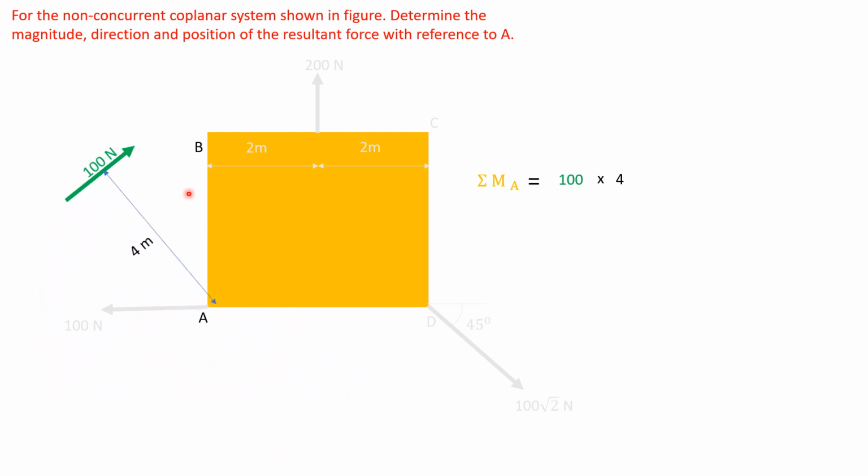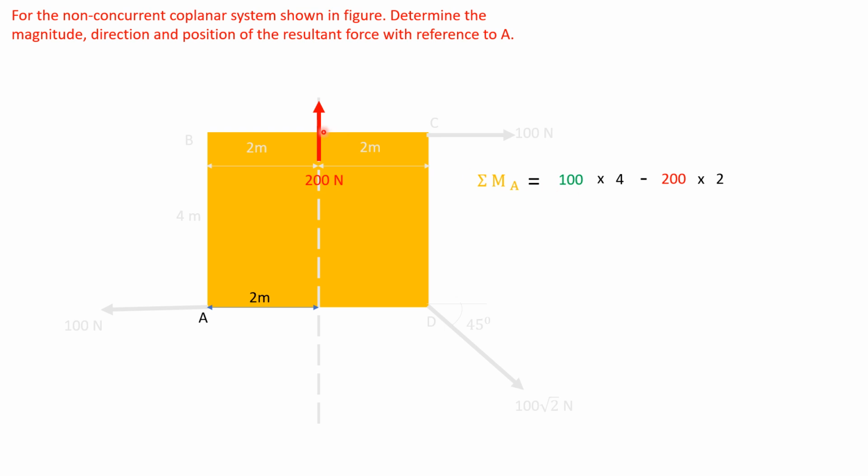So this 100 Newton force is rotating about point A clockwise. So plus 100 into 4, clockwise.